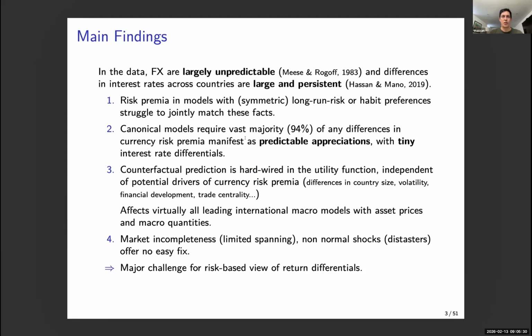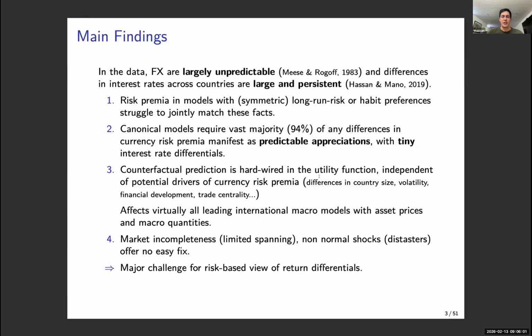These canonical models require, if you plug in the numbers that people like to use in asset pricing, that the vast majority of any differences in currency returns manifest as predictable appreciations of one exchange rate relative to the other, with only tiny interest rate differentials. In other words, if you use these preferences, they don't allow you to generate large, persistent differences in interest rates.